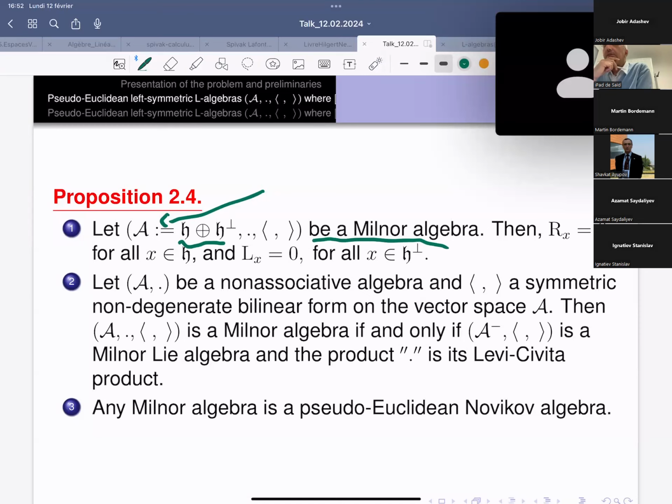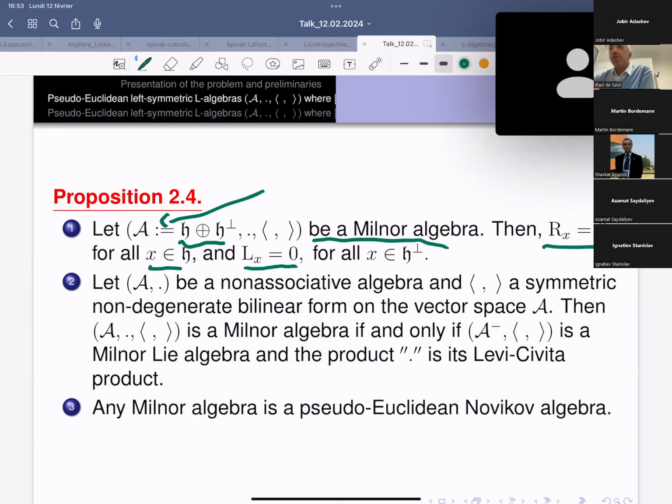Be a minor algebra, then Rx is 0 for all x in H, and Lx is 0 for x in the orthogonal of H. Just by simple calculation, we can prove this.